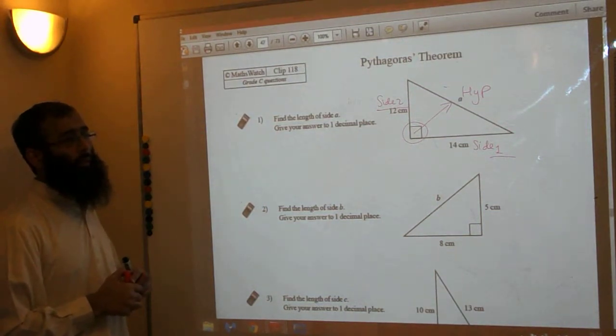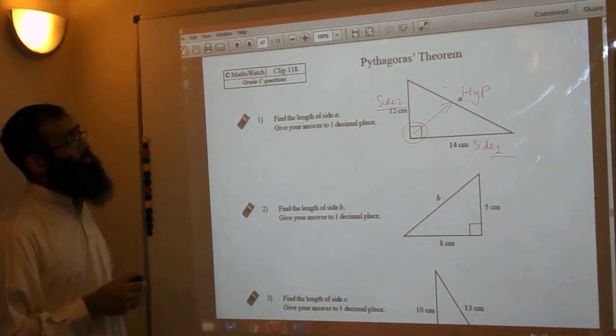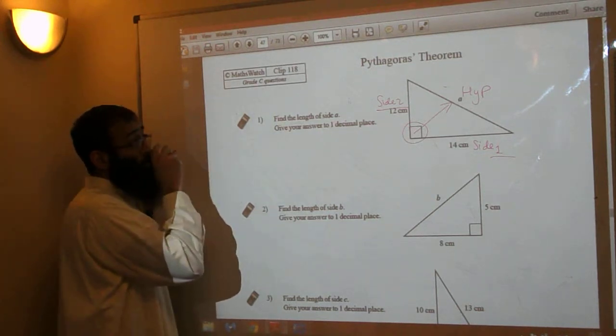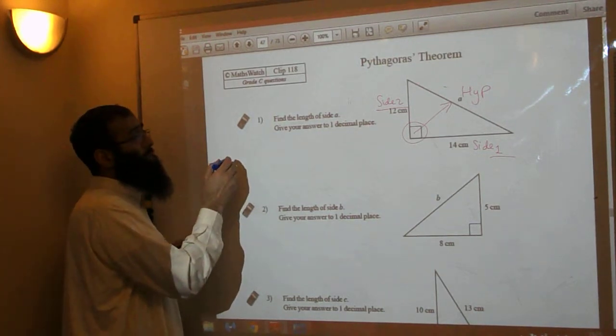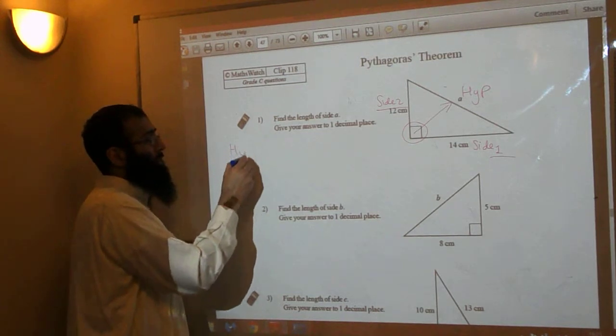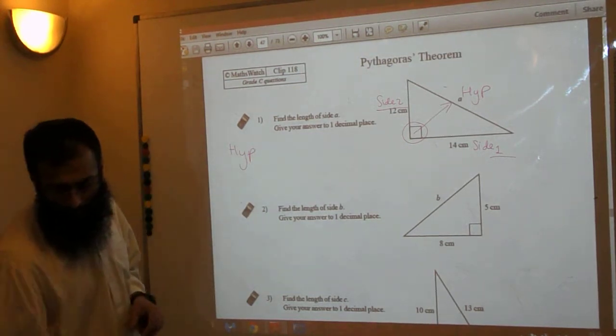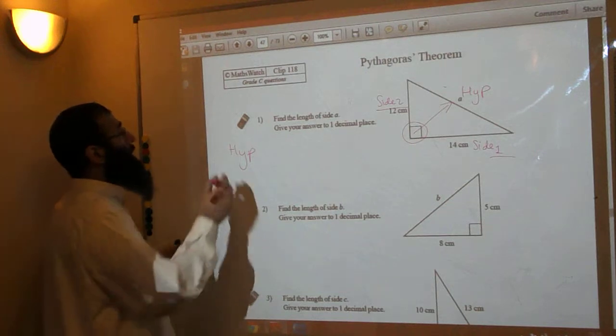Now, when we are doing Pythagoras Theorem, the rule is like this. Our hypotenuse squared.